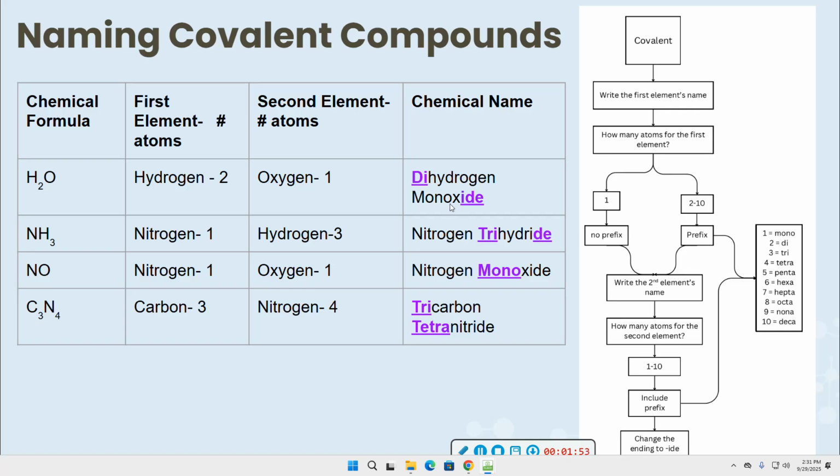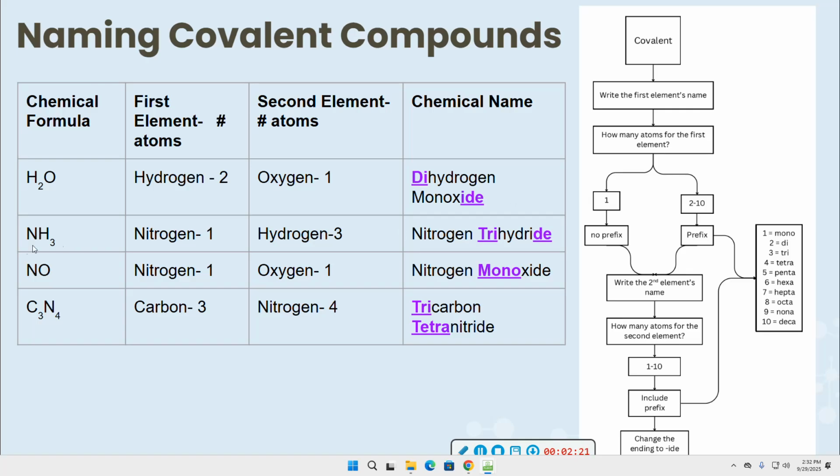And I'm not going to have a double vowel, so it's not going to be monoxide. Instead, I'm just going to drop that second O, and I'm going to change my ending. So oxygen is going to become oxide. We want to change our ending to IDE. So water is really dihydrogen monoxide.